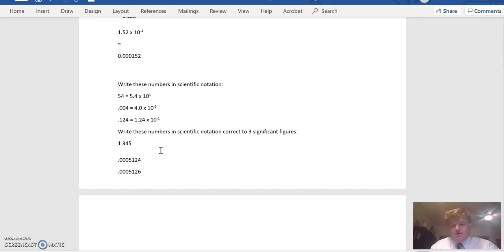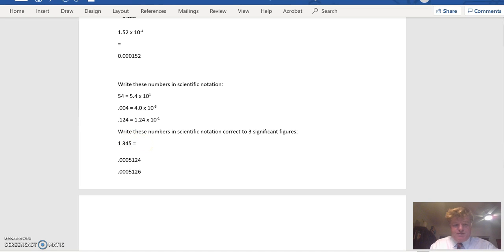Okay, now we bring in the idea of significant figures. When we look at significant figures, we look at the first number that's got an actual number there. So there's the 1. We say correct to 3 significant figures, so 1, 2, 3. We go 3 figures along, which is the 4. Then we look at the next figure and ask, do we round it up or do we stick at 4? Because it's a 5, we round up.